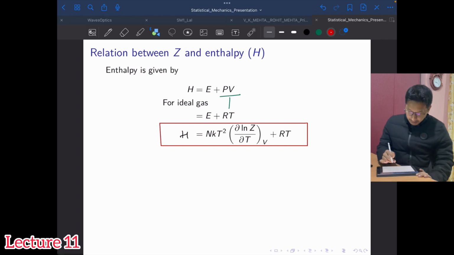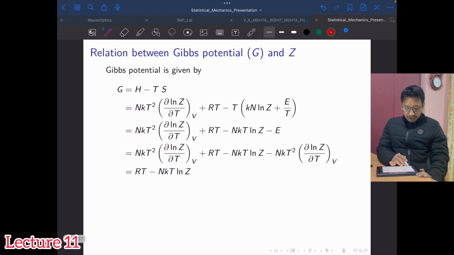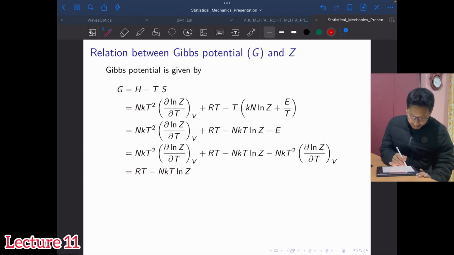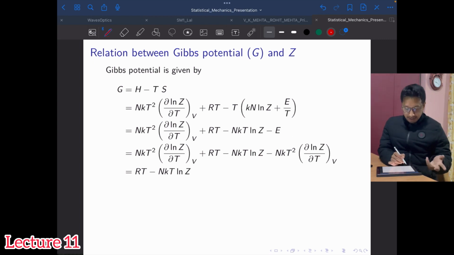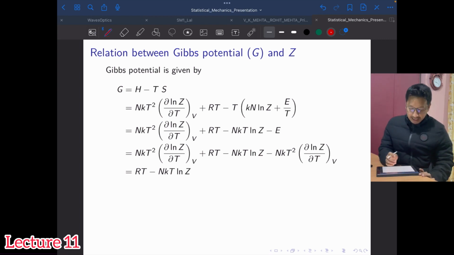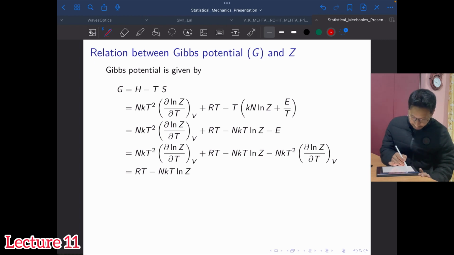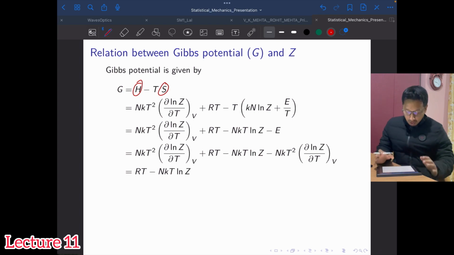Next we will see the relation between the Gibbs potential, which is denoted by G here, and the partition function. The Gibbs potential function is given by enthalpy minus TS. T is the temperature, S is the entropy. Then I substitute all the expressions that we know already. H we have derived, S we have derived, substitute all of them, then some terms will get cancelled out.